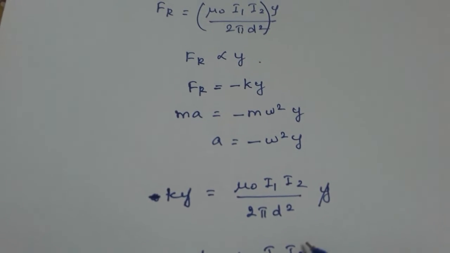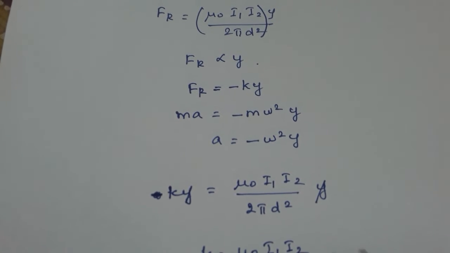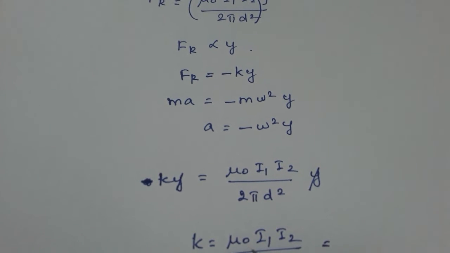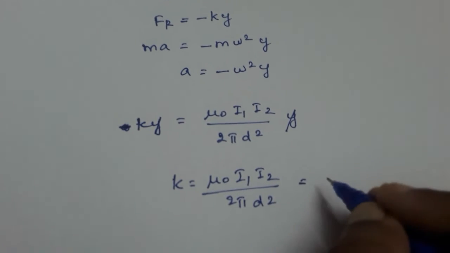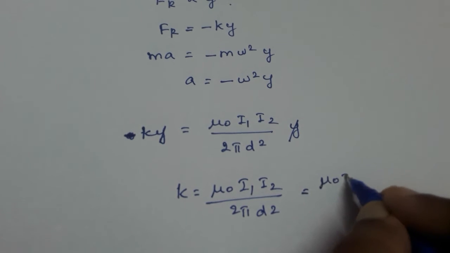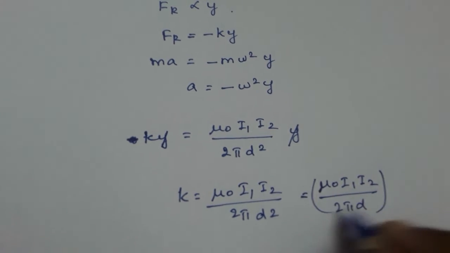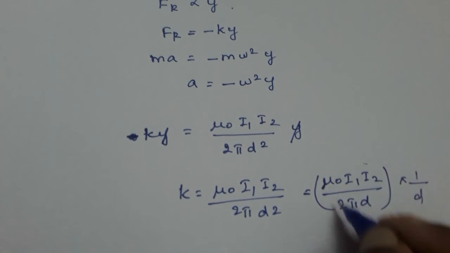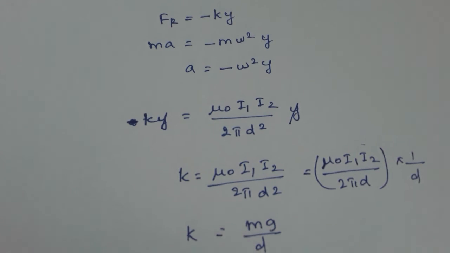Now you know mu 0 I1 I2 by 2 pi into D is mg, so one D is left over. We can write it as mu 0 I1 I2 by 2 pi D into 1 by D. This value is mg, so it is mg by D. k is equal to mg by D.